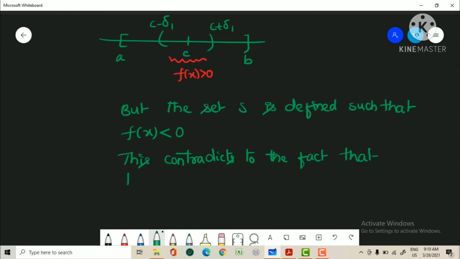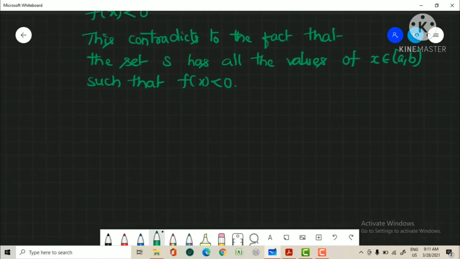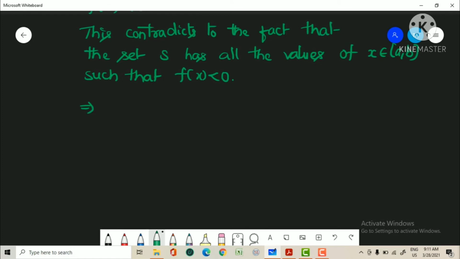that the set S has all the values of x belonging to the closed interval a comma b such that f of x is less than 0, which implies we arrive at a contradiction that f of x value is greater than 0.